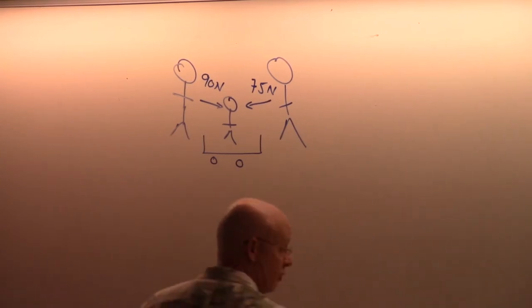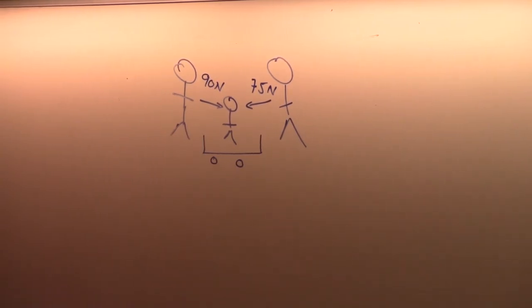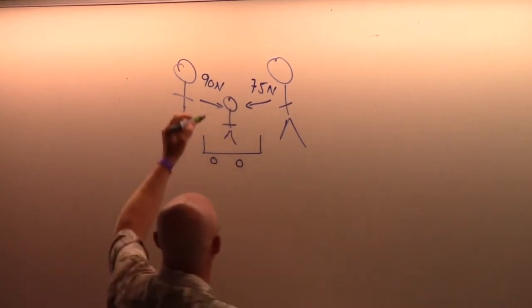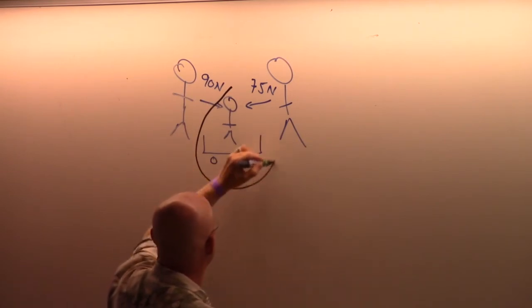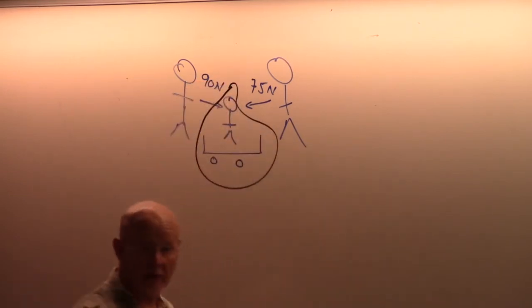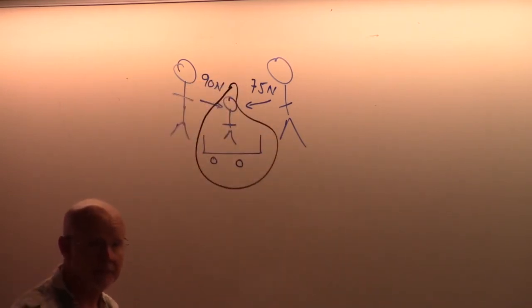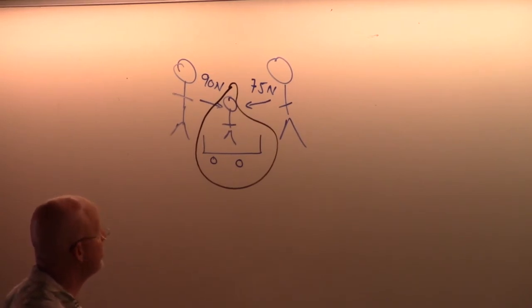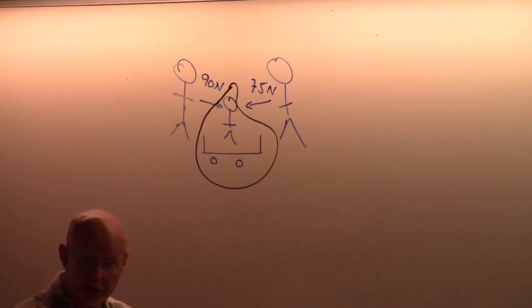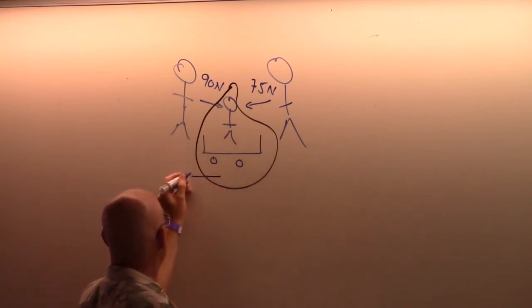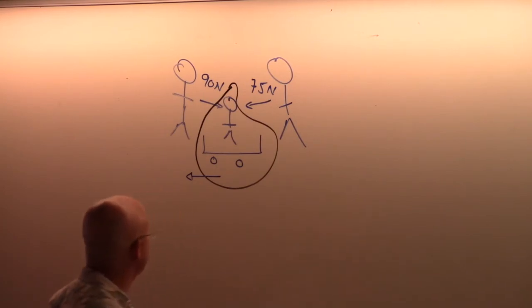So I'm going to go ahead and say, all right, in my mind, I am focusing on the motion of the child in the wagon. And so the external forces clearly are from the 2 individuals who are pushing on the child and the friction. Now, the friction would be the opposite of the motion.